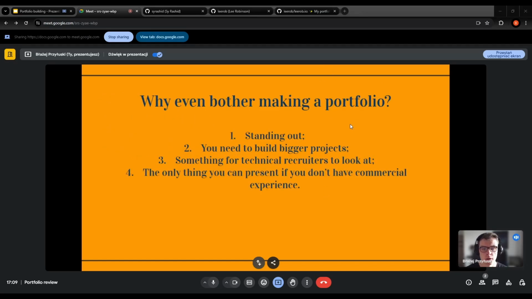First, why even bother making a portfolio? Whenever we're talking about a portfolio, we are talking about the thing that you can use in case you don't have any current or commercial experience. This is very important for self-learners, because without it, you don't really have anything to show that you have actually learned what you say you have learned.